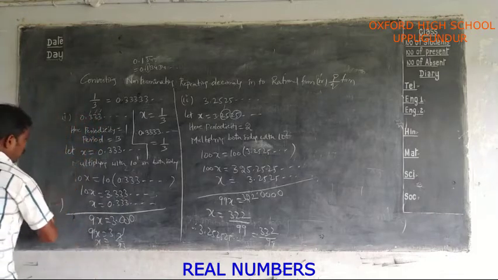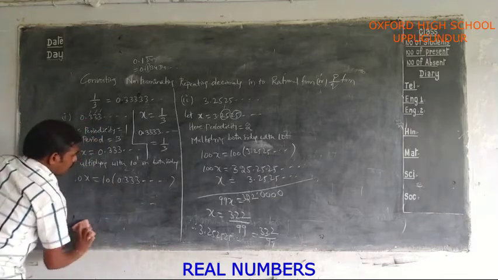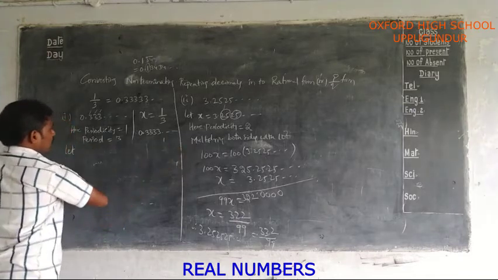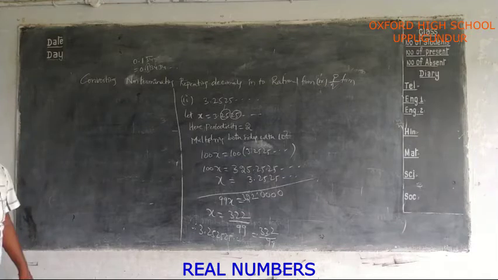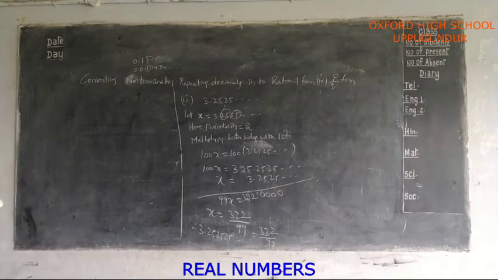So this is the descriptive way to convert non-terminating repeating decimals into p by q form. For this, a short form is also there.